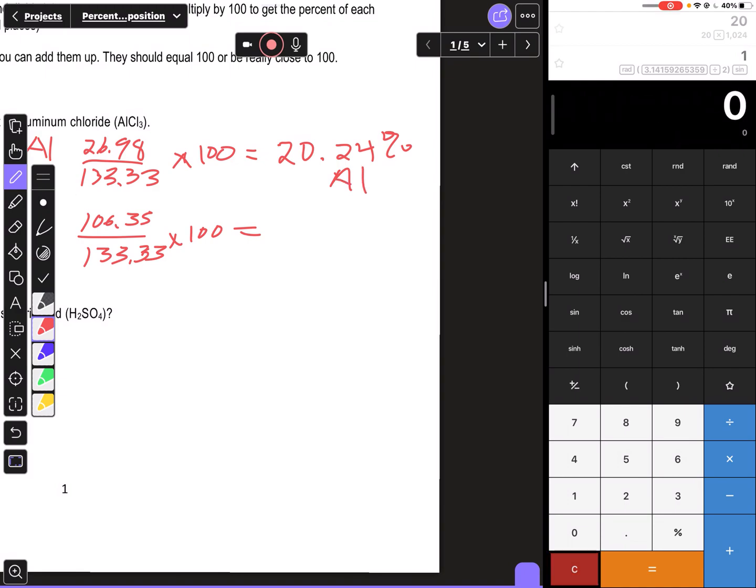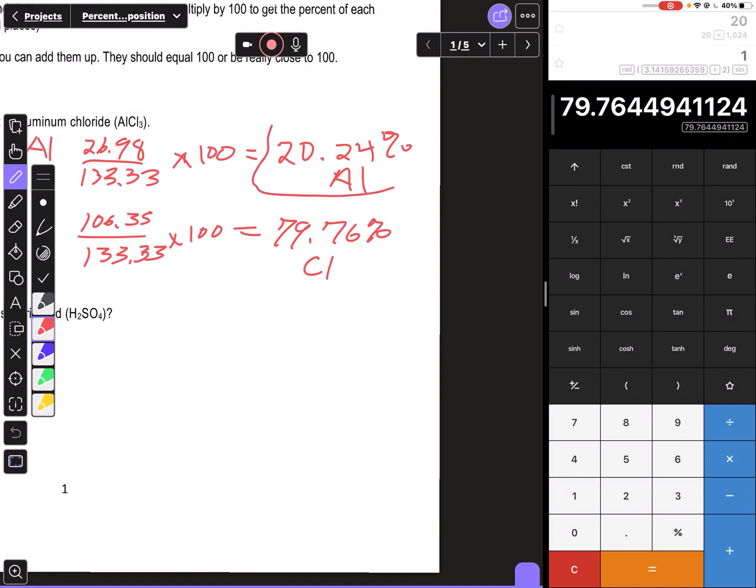And then chlorine is going to be 106.35 divided by the total, 133.33. That equals, then multiplied by 100 to get a percent. That equals 79.76. Percent chlorine. So those are my answers.